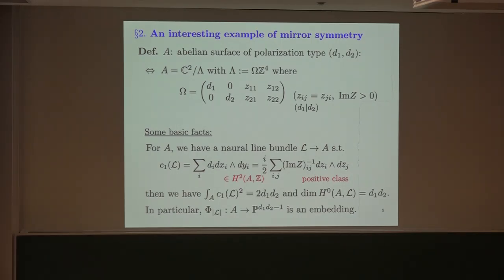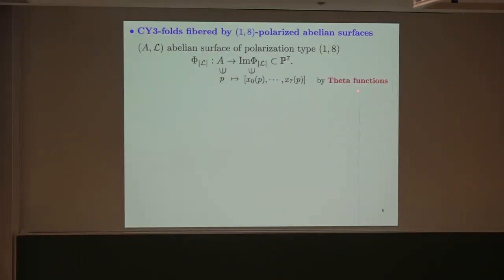If we introduce level structure, the dimension becomes larger. The same thing holds here: in terms of Zij, theta functions give us the embedding.